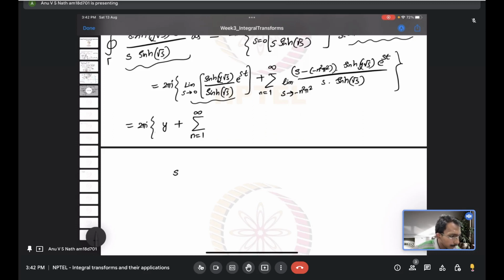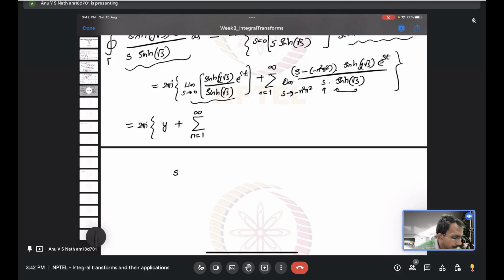First of all, we need to group them accordingly, to see which part has a 0 by 0 form. If you see here, this s doesn't have an issue for any s equal to minus n square pi square. Only this part is going to 0.